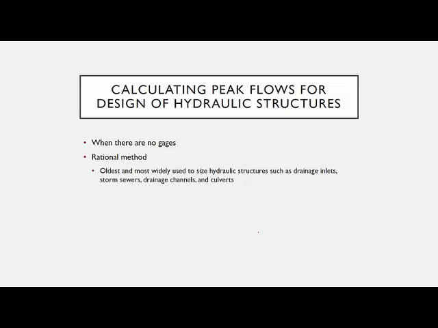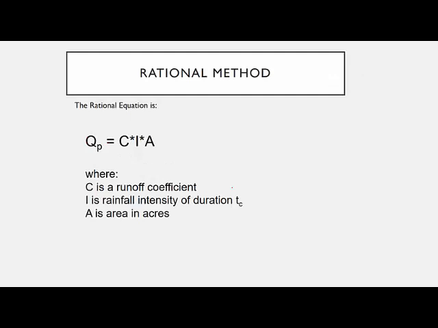That's beyond the scope of this book, so we'll just show you the methods that were developed to calculate peak flows. So the oldest and most widely used method is called the rational method. The rational method is used to size hydraulic structures such as drainage inlets, storm sewers, drainage channels, and culverts. So it's very commonly used.